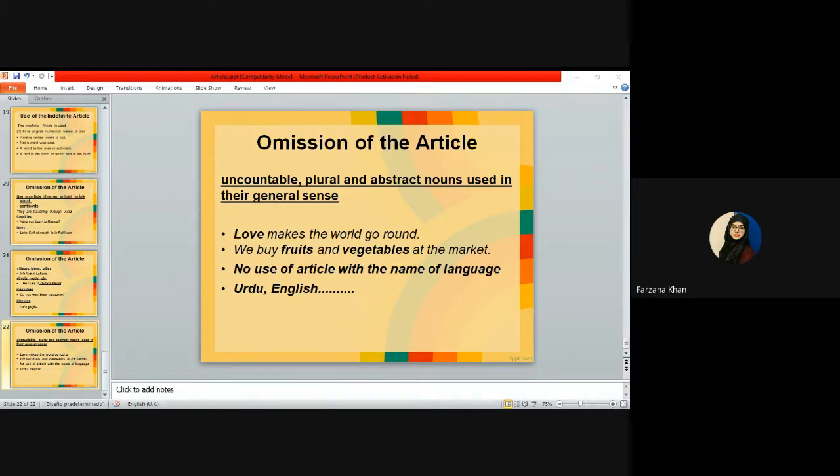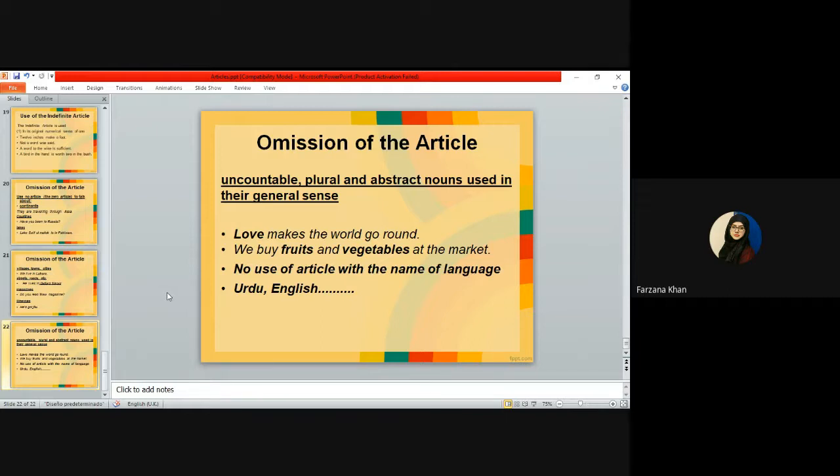So this is what I made clear in today's class, and I'm sure you are pretty clear now about the use of articles. Here you learned that basic articles have two divisions: the definite article on the basis of definiteness, and the indefinite article on the basis of countability, right?